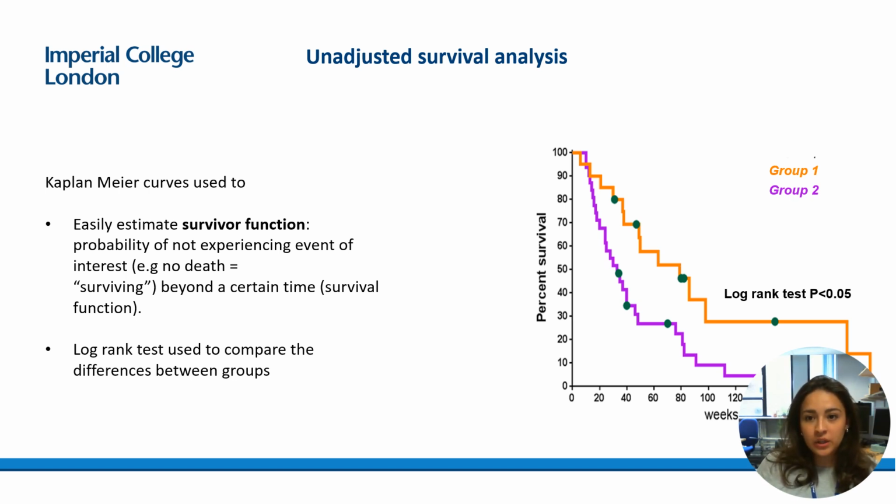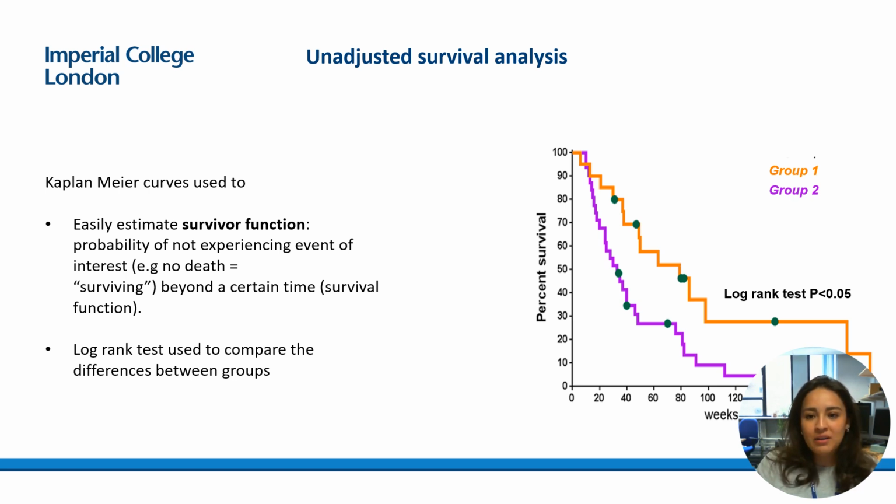Then we can compare the differences between our two groups, for example using a log rank test to test for statistically significant differences between the two groups at any point during the follow-up, where, as frequently used, a p-value less than 0.05 would be significant.